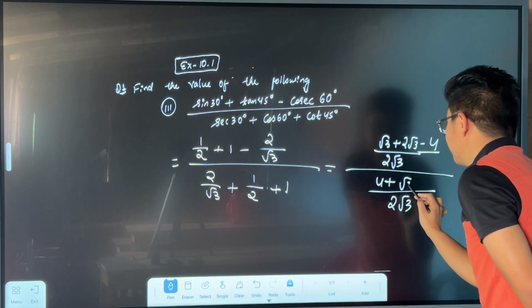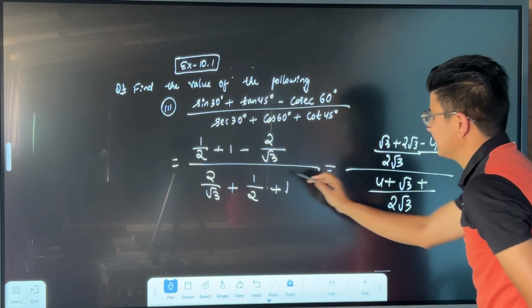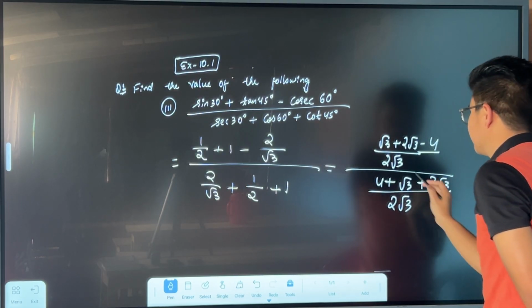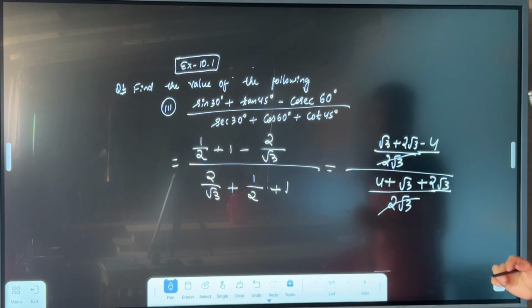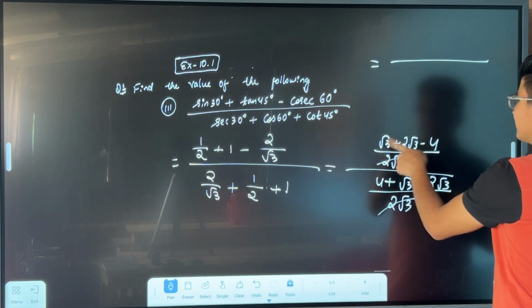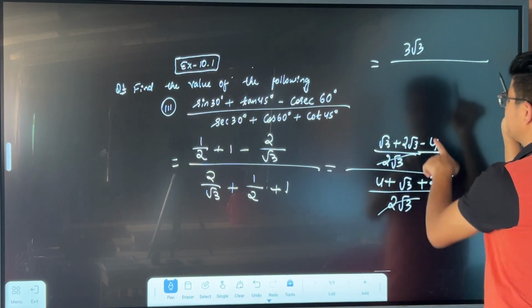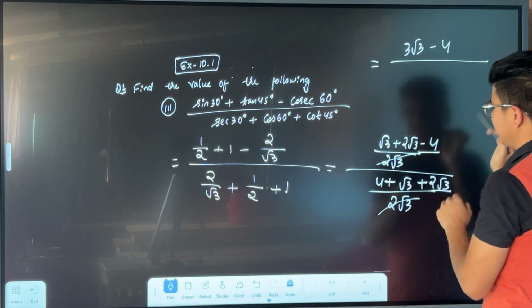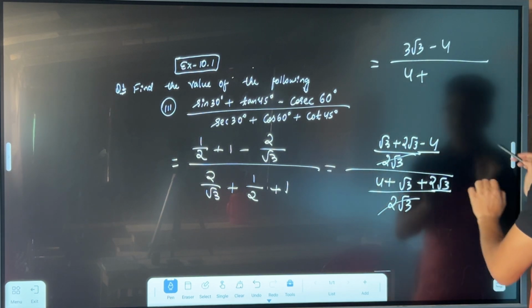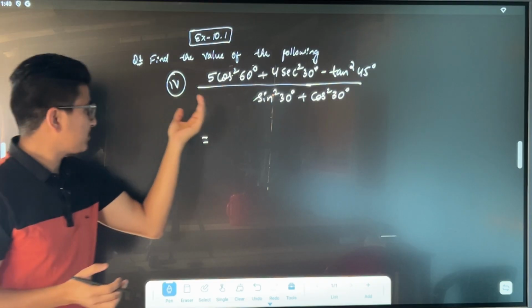It is plus, then 2 root 3. So this one and this one you can just cancel out. Then root 3 plus 2 root 3 will be 3 root 3, then minus 4 divided by 4 plus root 3 plus 2 root 3, which is 3 root 3.